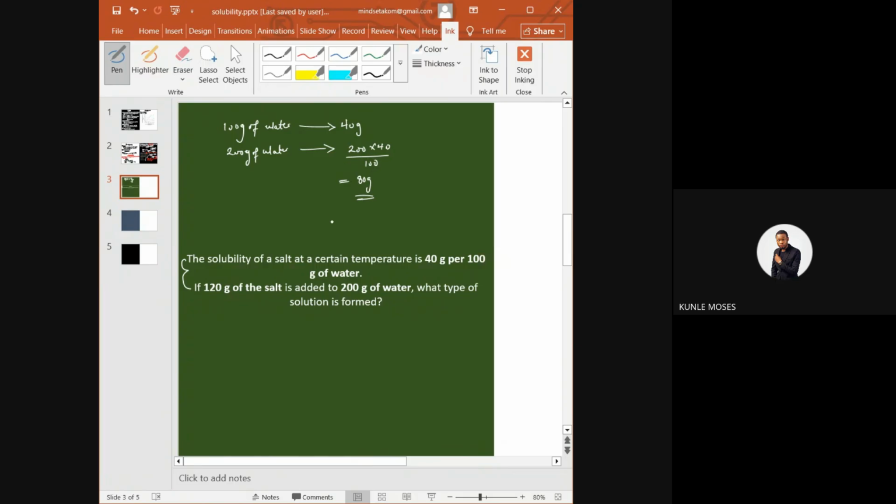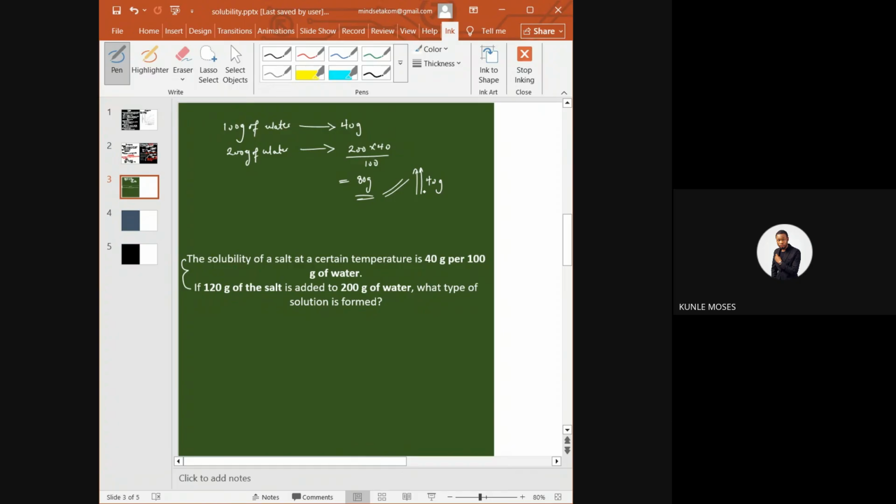And they said here that we have 120 gram. If 120 gram of salt is added to 200 gram of water, on a normal basis, what should be added? It should be 80. It simply means they've added an extra 40 gram.